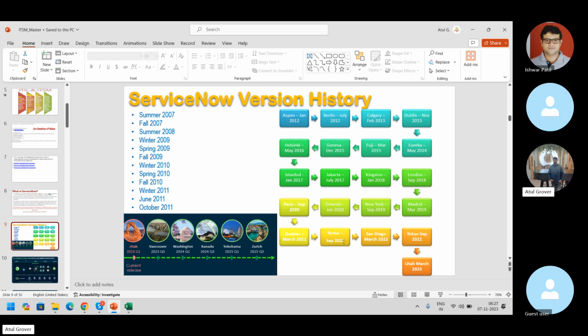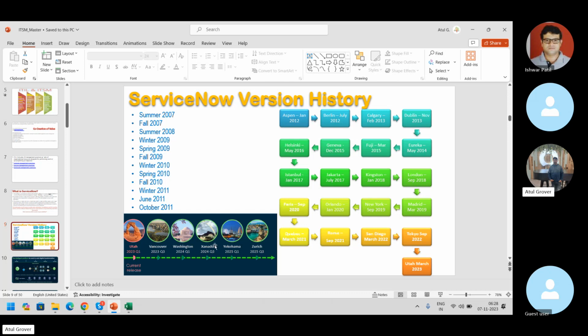If you are a ServiceNow learner or ServiceNow lover, you will wait for the next release. Now ServiceNow released Vancouver in September. The next one coming is Washington in Q1. Approximately in March 2024, they will release the Washington release.